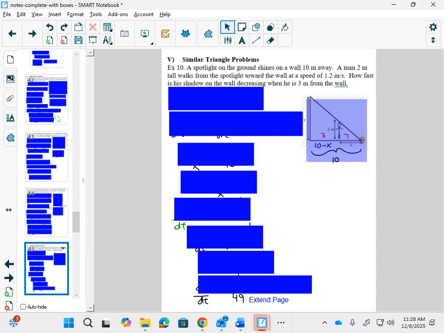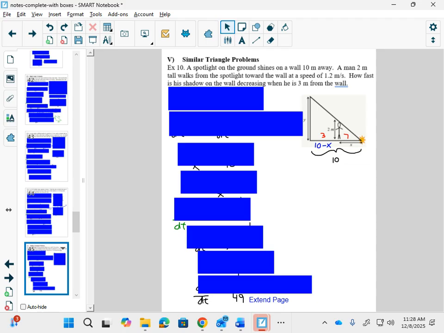And we'll start with a picture of what's happening. You have a spotlight on the ground, shining towards a wall. The wall is 10 meters away. So I've got my wall with y. I've got 10 meters away there.